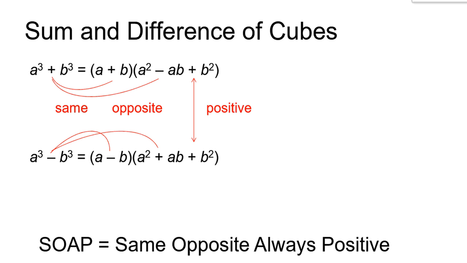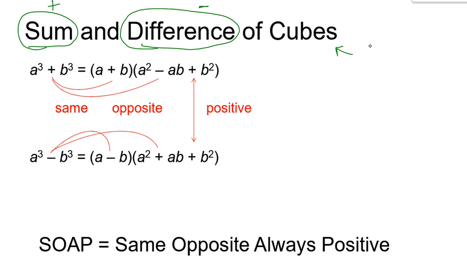of them. So sum and difference of cubes. Sum obviously means plus, difference means minus. This is raised to a power. That's a multiple of 3.